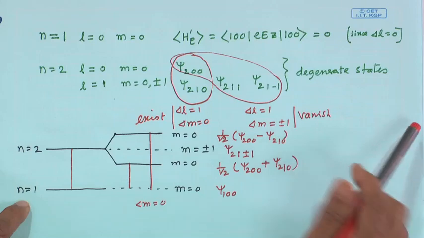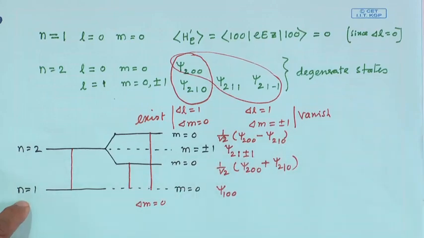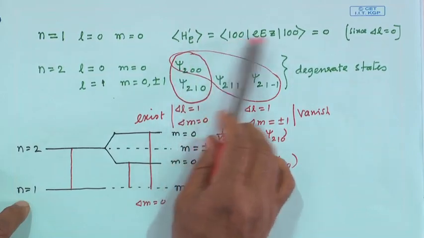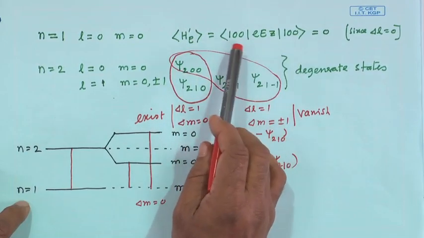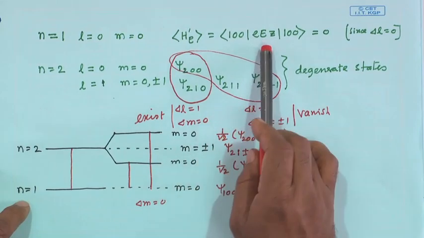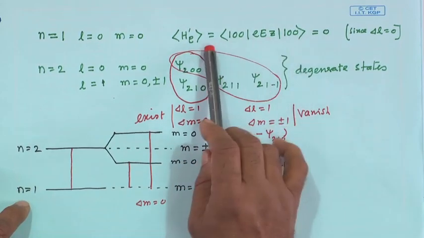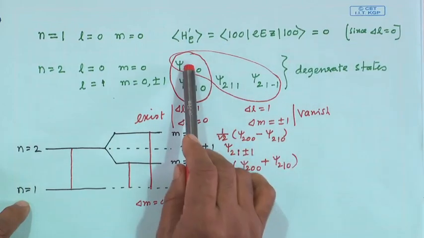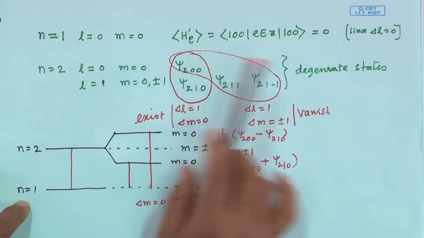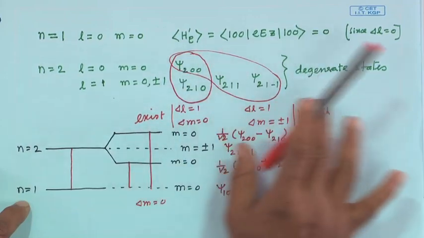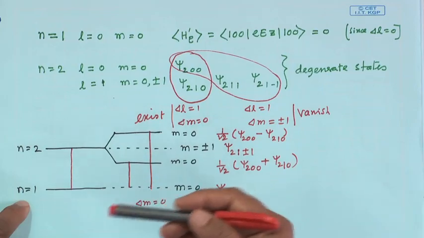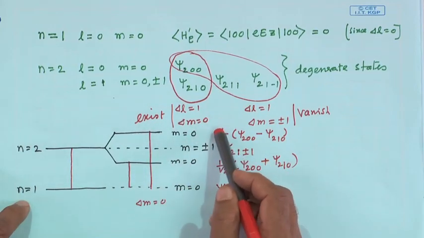If you take the same wave function in both places, 200 and 200, obviously it will be 0. For each individual state the value is 0, so there will be no effect of the electric field on the energy level.